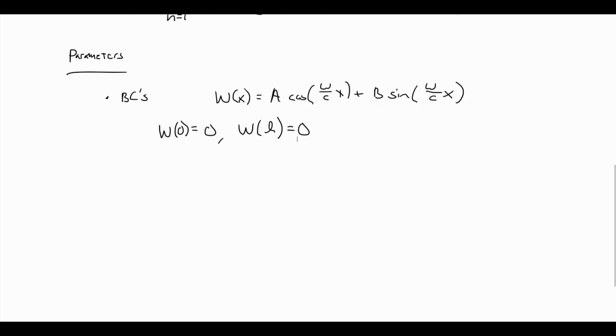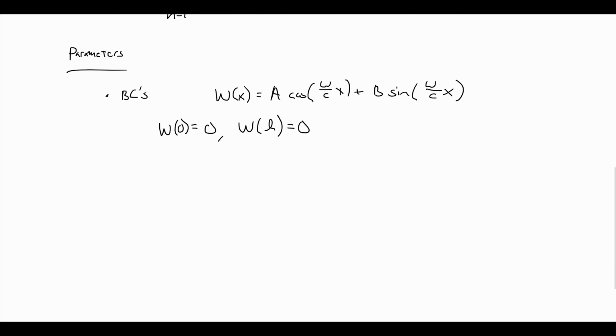And they're going to give us two algebraic expressions. So let's apply that first boundary condition. W of 0 is 0. And we can put it into the equation for w of x, because that's going to tell us that a times the cosine of 0 plus b times the sine of 0 is equal to 0.